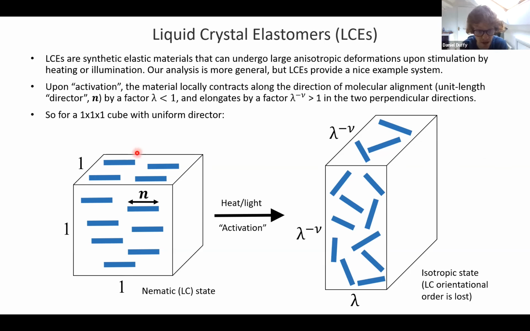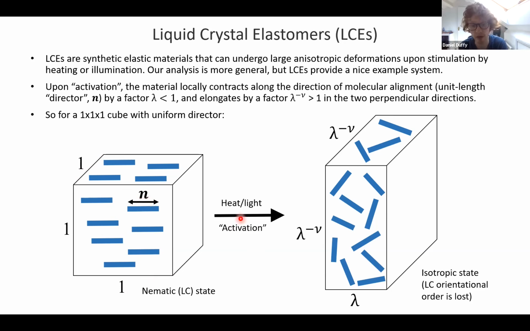So more specifically, we can see what happens if you look at a 1 by 1 by 1 cube here. They have a nematic liquid crystal state, which means there's a molecular orientational order. The molecules locally essentially all point in the same direction, or on average they point in a particular direction, which we indicate with this unit vector called the director, which we call n.